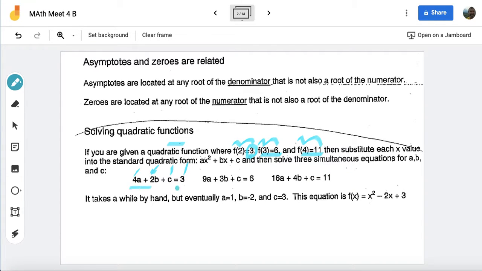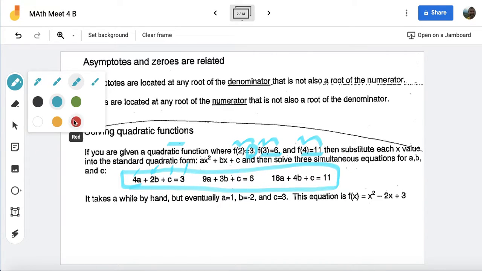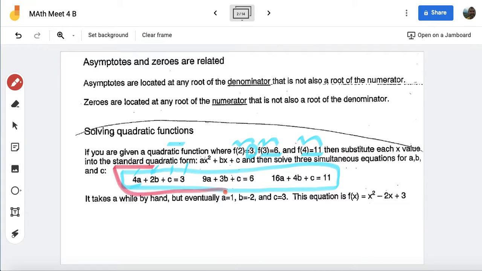And then you could solve that. Now that takes a while because it's 3 variables, but you have 3 equations with 3 unknowns, so you can do it. You could try this out. I would combine these two equations first to get it in terms of a and b, and then I'd combine these two to also get in terms of a and b. Then you have 2 equations with 2 unknowns, and you can combine them.